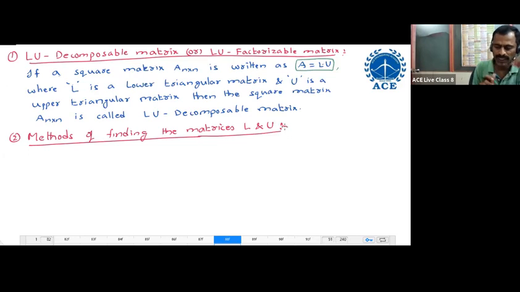Now there are two methods to find the L and U matrices, in which method one is called Doolittle's method, or Doolittle's LU decomposition method.